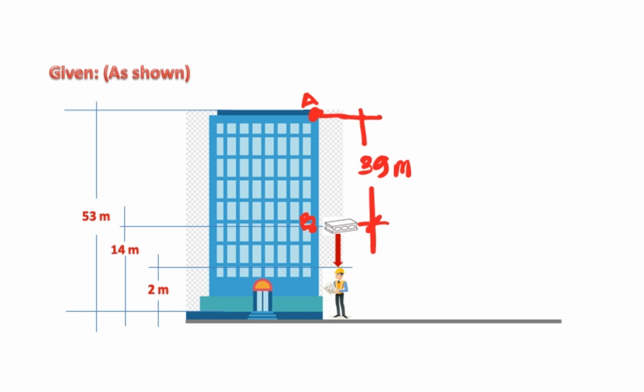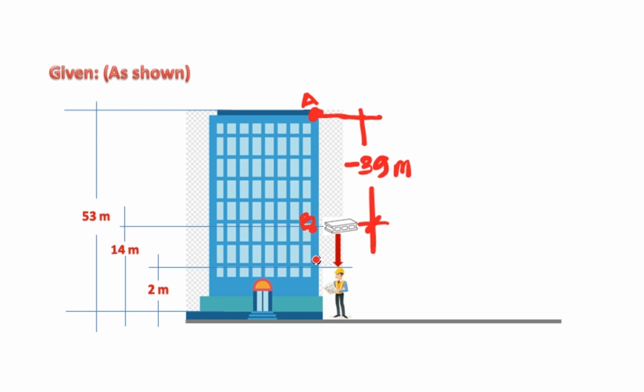But we need to treat this as a vector, because the block is traveling downward, so we denote this with a negative sign. So this will be negative 39 meters, the displacement of the cement block.